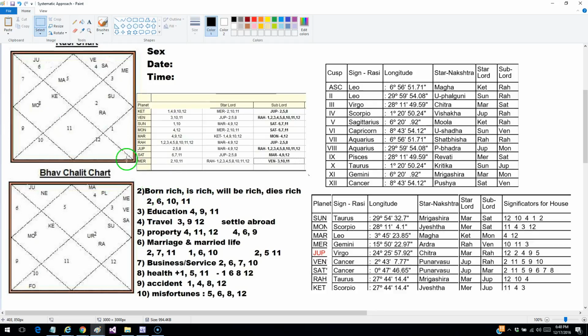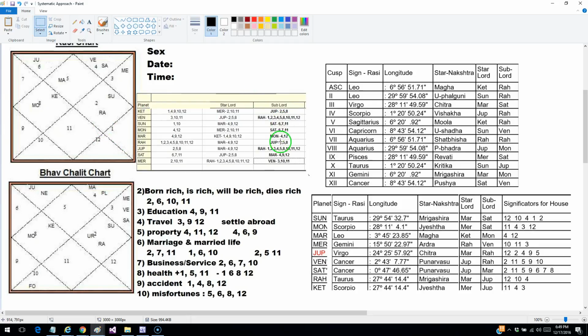Whether this person is born with a silver spoon in his mouth, whether he is already rich, whether he is going to remain rich throughout life and die a rich person? A person's life can take so many shades, and as a professional astrologer, you will run into all kinds of horoscopes with all kinds of shades of gray.